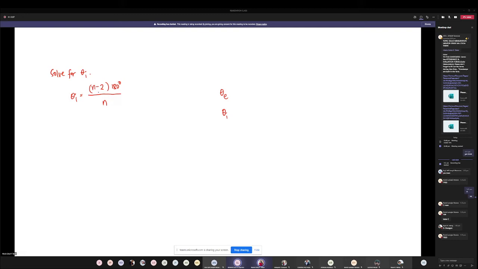Okay, so we have the value of n already. It's 90, so just plug that into this equation. It's 90 minus 2 times 180 all over 90.